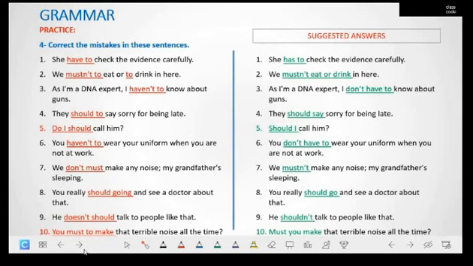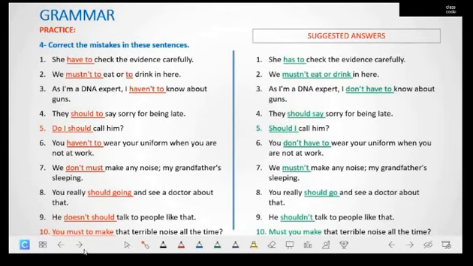All right. Number six, you don't have to wear your uniform when you are not at work. Number seven, we mustn't make any noise. My grandfather is sleeping. Number eight, you really should go and see a doctor about that.